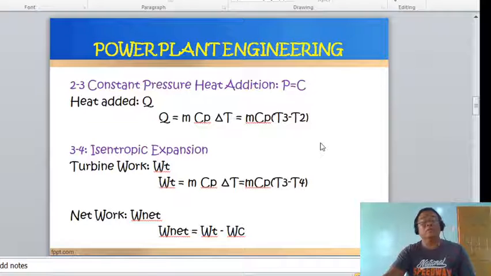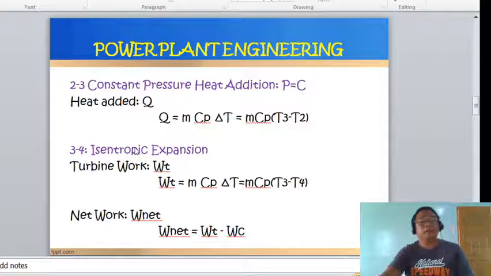And for 3 to 4, again, isentropic expansion. So, turbine work is m Cp ΔT, or m Cp (T3 - T4), because T3, as we look at the TS and PV diagram, the temperature is higher at that point.